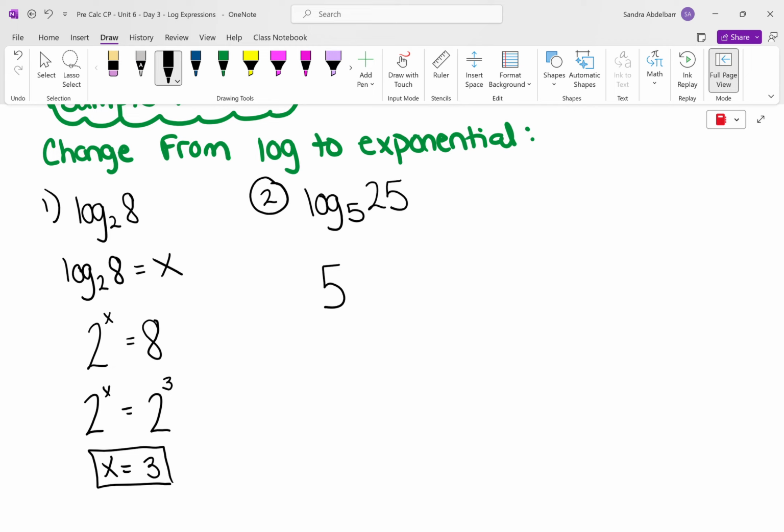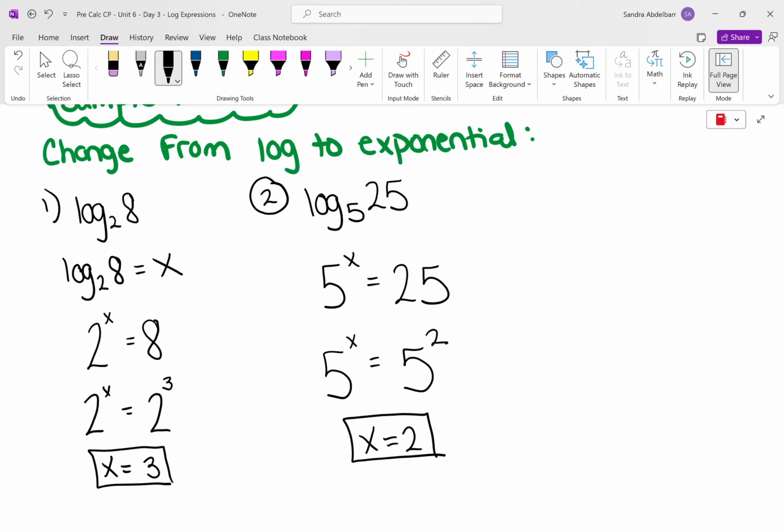Good. 5 raised to the x power equals 25. Do we really need to create the same base for this? No, we could do this in our heads, but just for fun, let's create the same base. What is the same base? We're going to make them both into 5. So 25 becomes 5 to the second. Therefore, x is equal to 2.